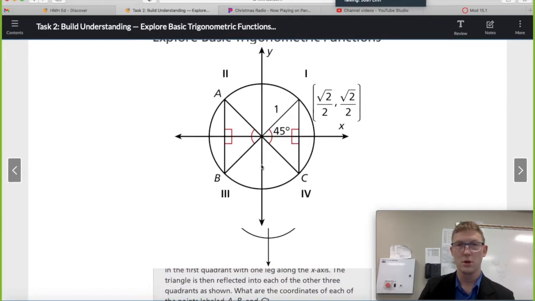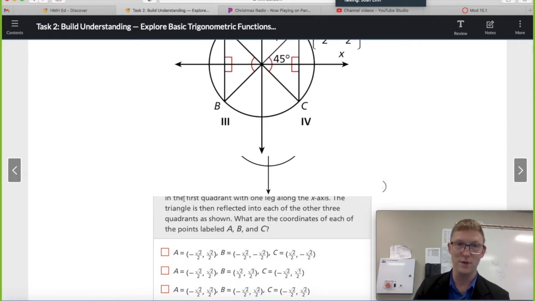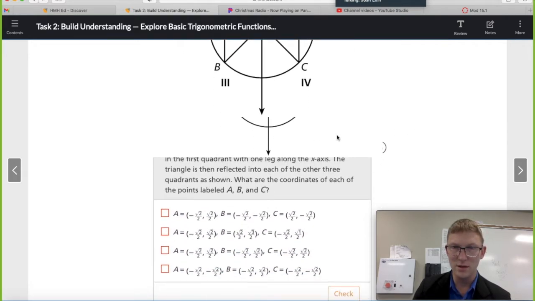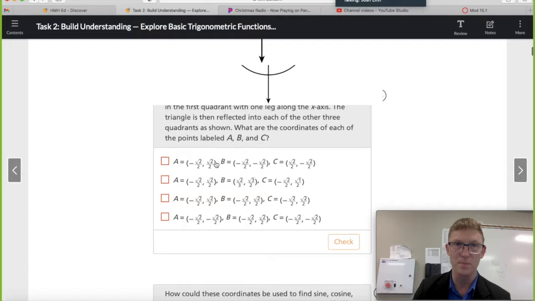So you can have this 45-degree angle in each one of these quadrants. And so you can use this relationship to figure it out. Doesn't matter which quadrant you're in, but it might add or take away a negative sign. So let's see what they are asking here.